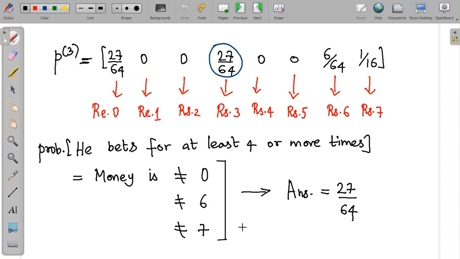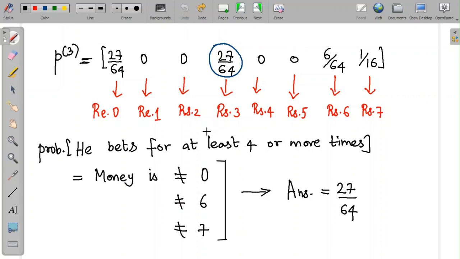So we discard the first probability and the last two probabilities from P3. Adding up the rest, we have 0 plus 0 plus 27 by 64 plus 0 plus 0, and the answer is in fact 27 by 64.